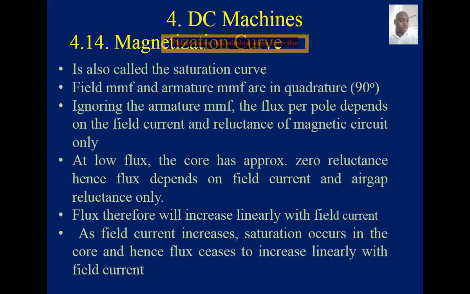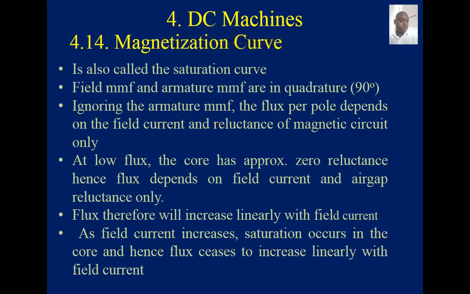Why? Because when you're magnetizing a magnetic material, like we said in our first lecture, there comes a point when the material becomes saturated. That's why I want to talk about the magnetization curve, right?